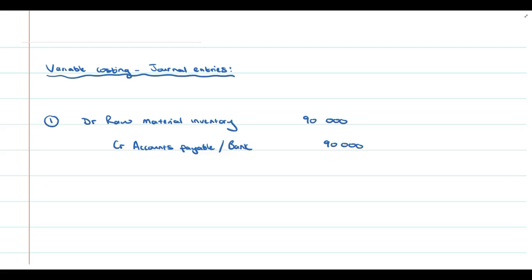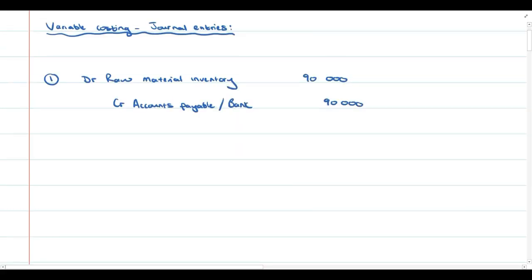If you go to the suggested solution that I've provided, all of the journal narrations are there. The narration for this journal entry would just be, this is recording the purchase of the raw material inventory for January 20X8.